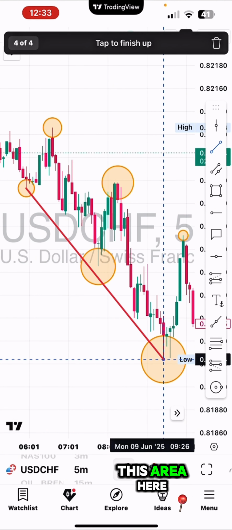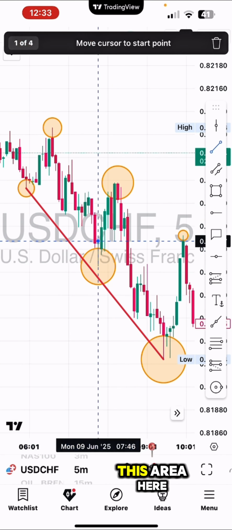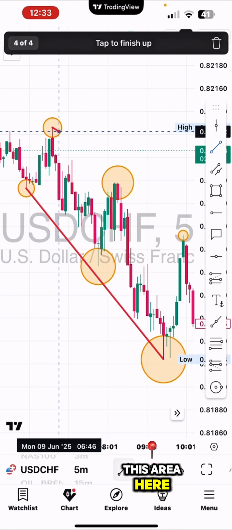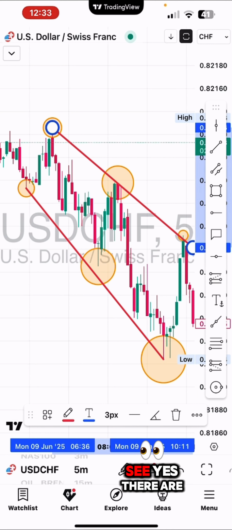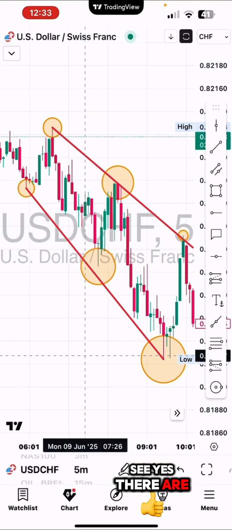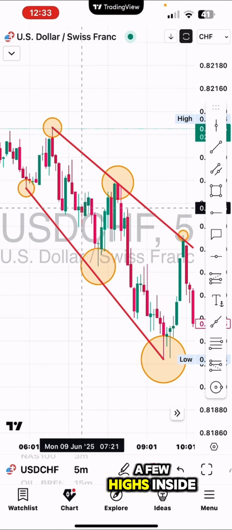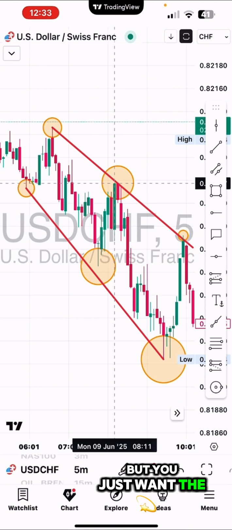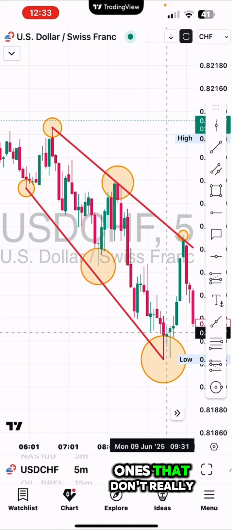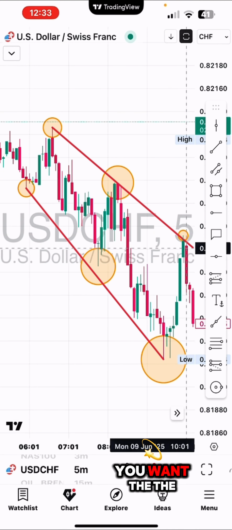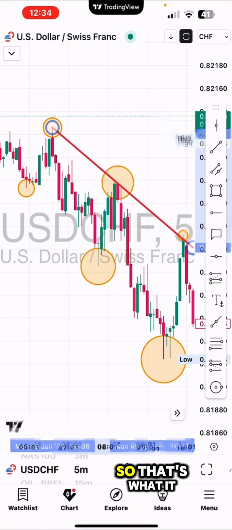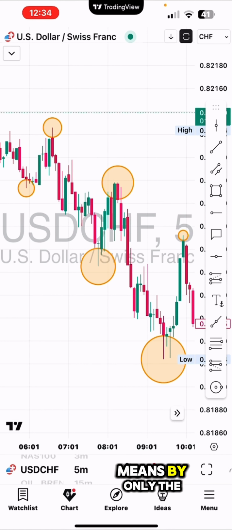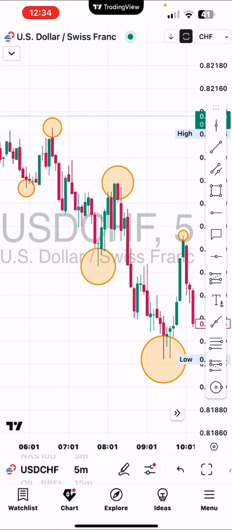This area here. So as you can see, yes, there are a few highs inside, but you just want the major ones. You don't want the ones that don't really touch and go that wide. You want the extreme ones, let's say. So that's what it means by only the major points.